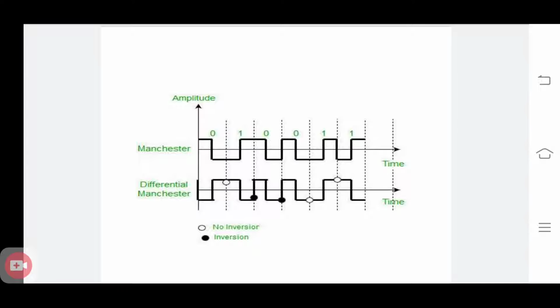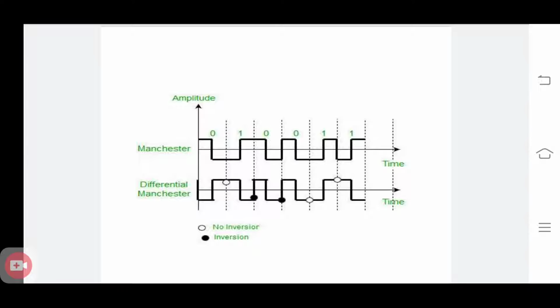Transition at the middle of each bit: from high to low is represented as 0. For bit 1 it is from low to high. Next, the third bit is 0, so from high to low. Then again 0. How is it represented? Along the y-axis it moves up, then from high to low there is a transition.